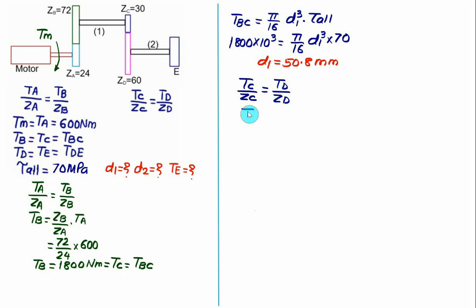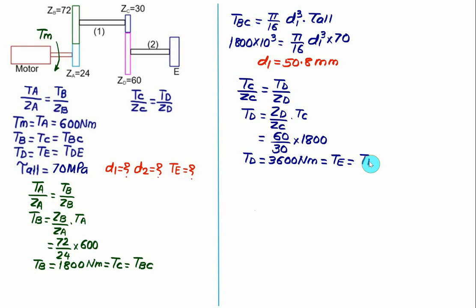So we have torque for gear D is equal to ZD divided by ZC multiplied by torque for gear C. Number of teeth for gear D is equal to 60 and the number of teeth for gear C is equal to 30, and we have torque for gear C is equal to 1800. 60 divided by 30 is 2. 2 into 1800 is equal to 3600 Newton meter. So this one is the torque for gear D. It is same as the torque for gear E because they are mounted on the same shaft, and is same as the torque for shaft DE also.